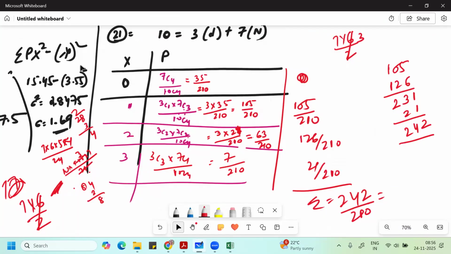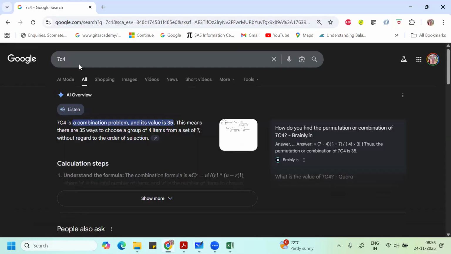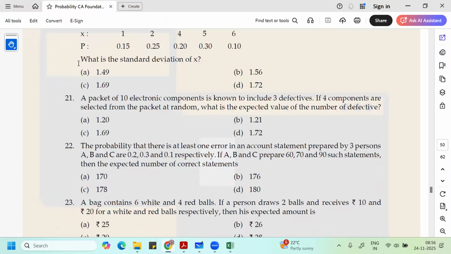Somewhere there is a calculation mistake, guys. So 10 defectives are there. The expected number of defective answer is 1.2.